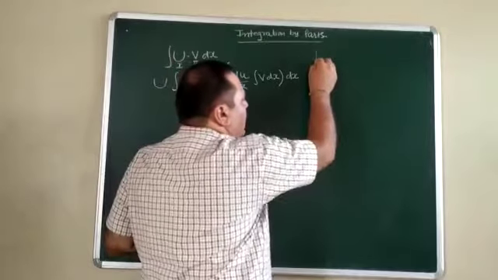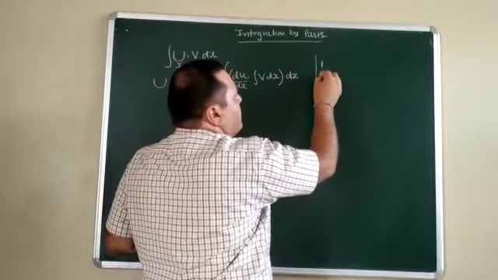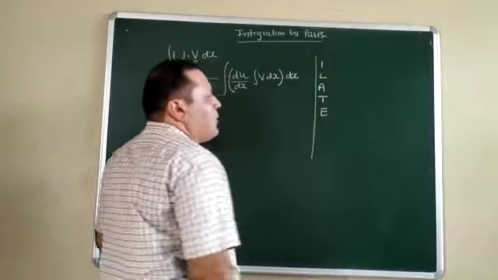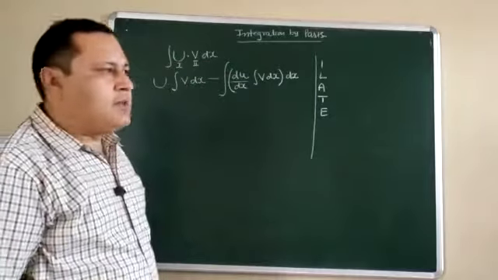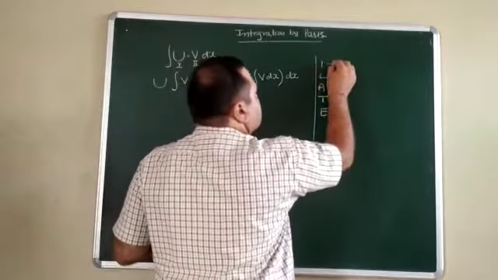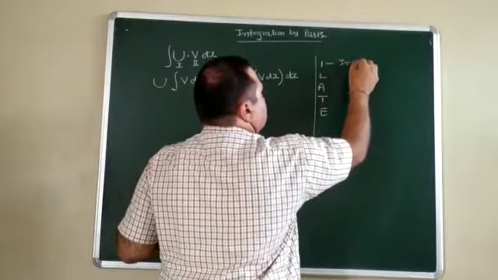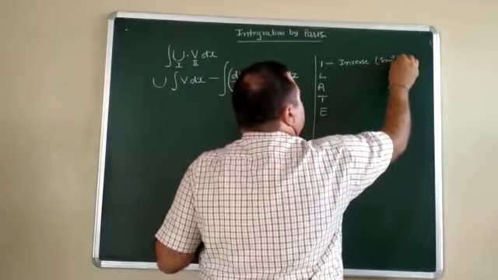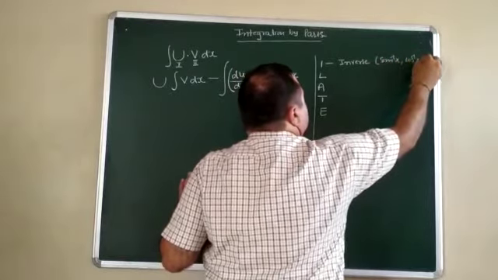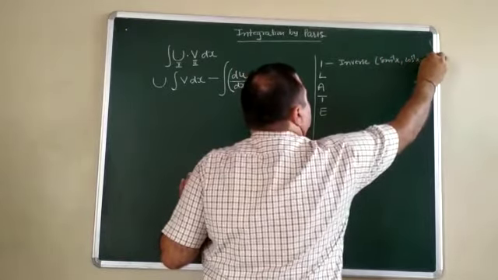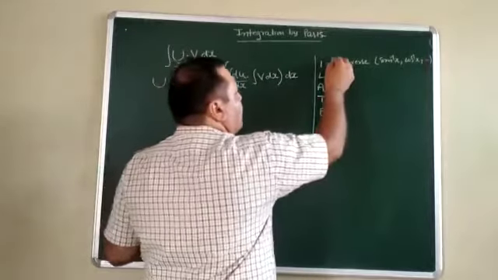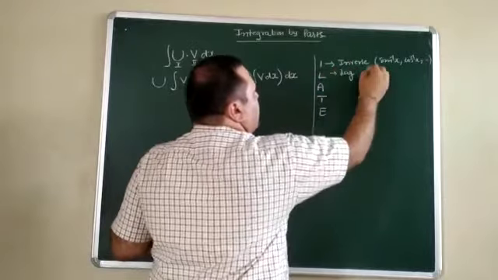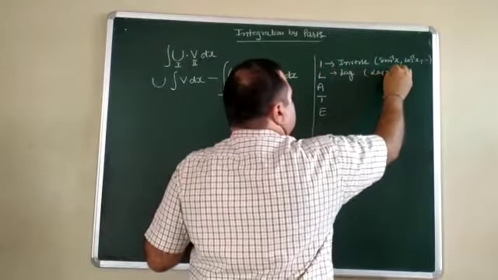We have a formula. That formula is I, L, A, T, E. That is called ILATE. I means the inverse function, like sine inverse x, cos inverse x, tangent inverse x, etc. L means logarithm function, log functions like log of x.